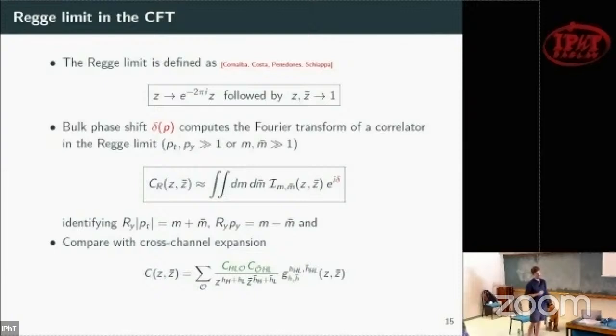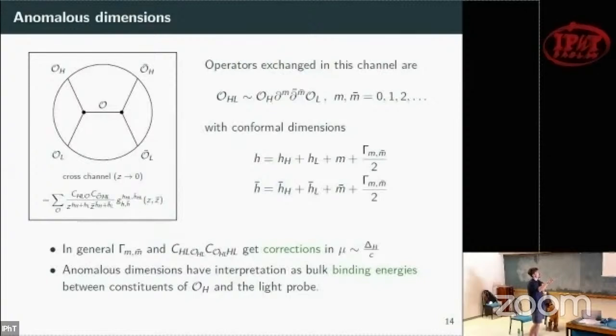There's an interesting story behind that, but for us, more interesting right now is the cross channel, where we have fusion of heavy and light operators. There, in the Regge limit, in general, the dominant contribution comes from operators with large M and N bar.